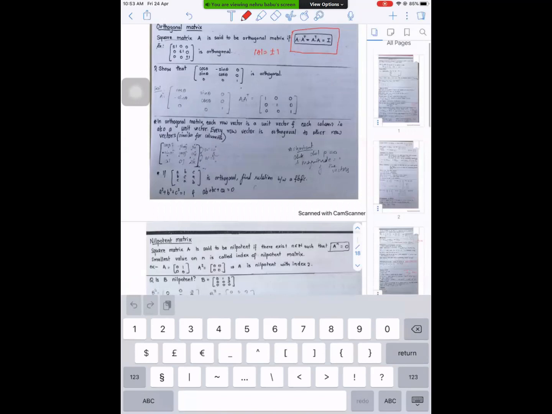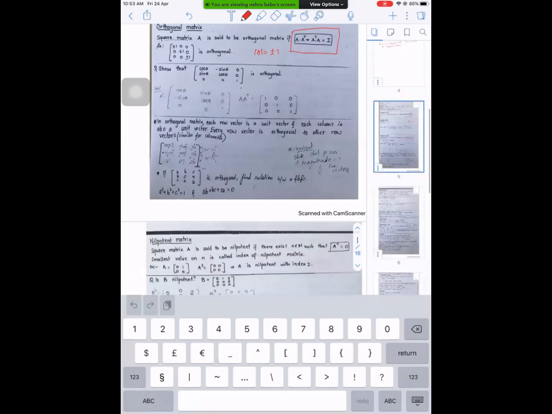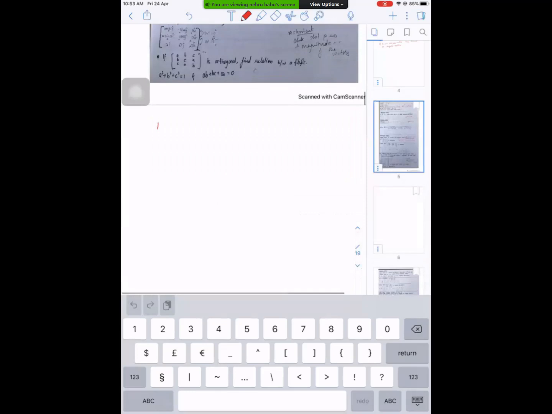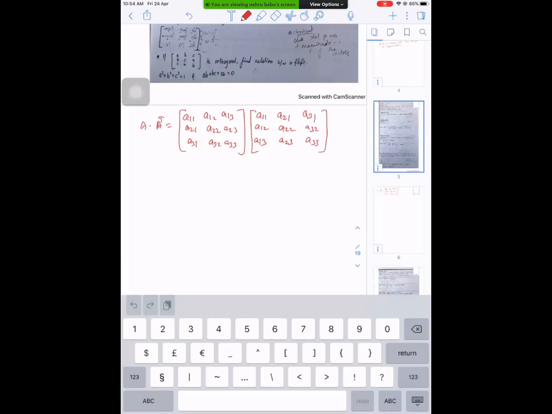Why are you getting it like this? The reason is, if you take the matrix A as A11, A12, A13, A21, A22, A23, A31, A32, A33, and multiply A and A transpose directly, you get A11, A12, A13, A21, A22, A23, A31, A32, A33 for the transpose.